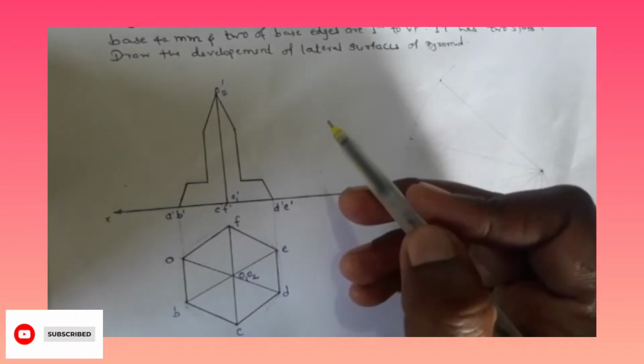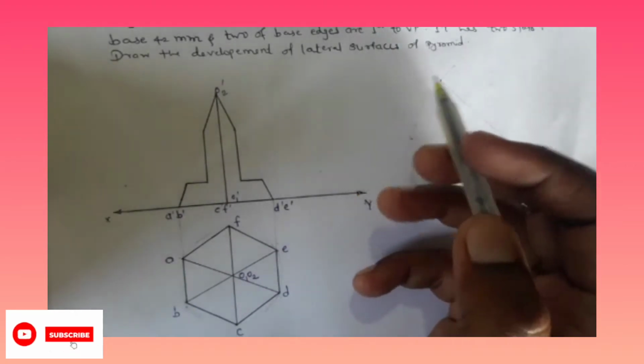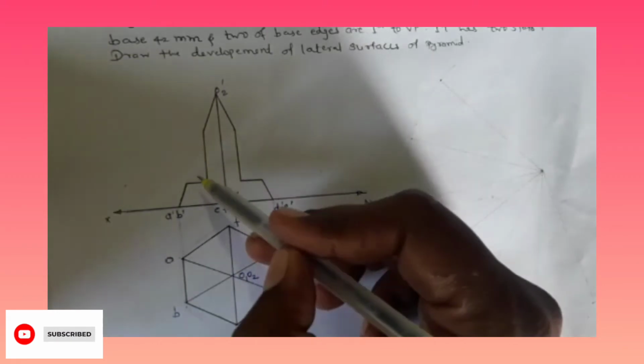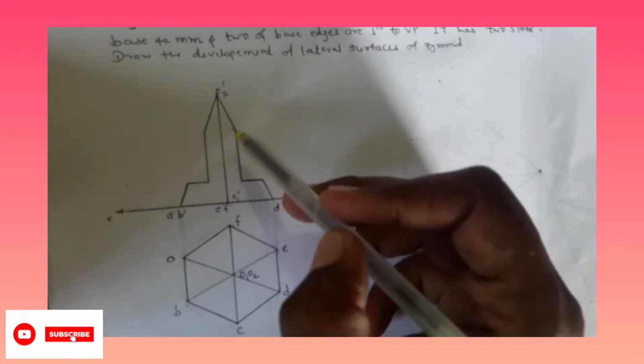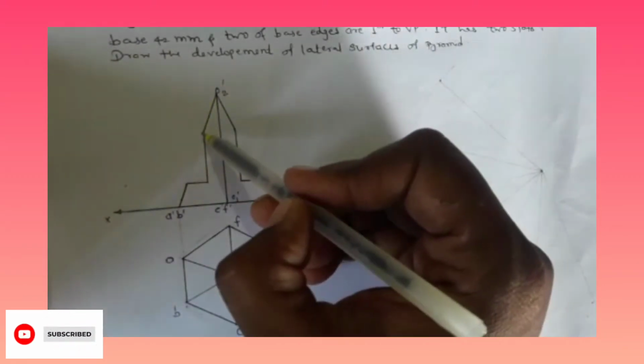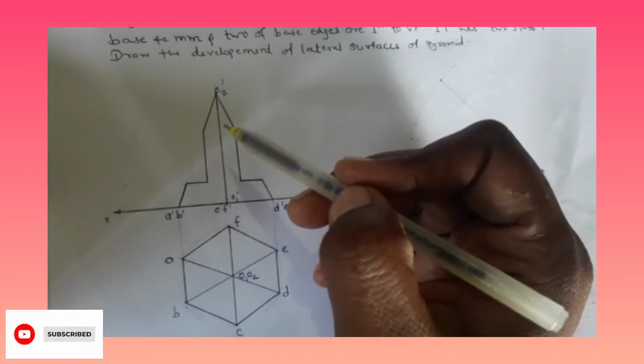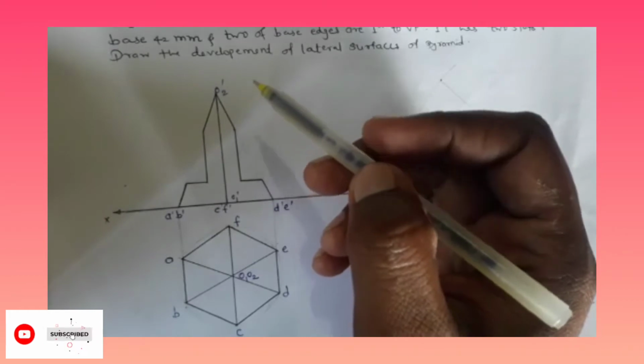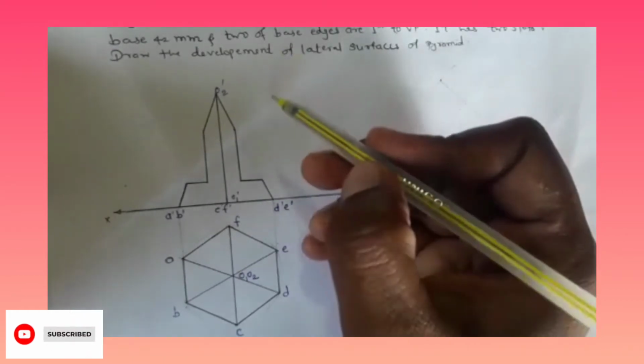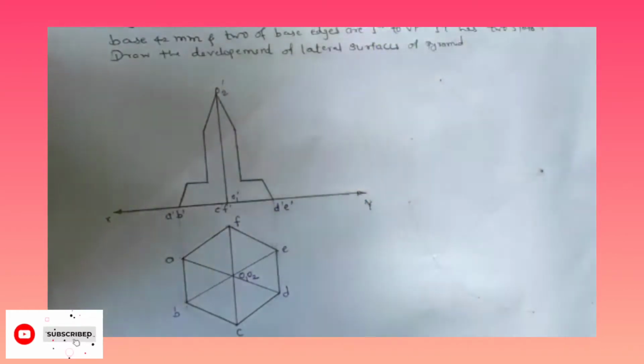These are the points where, while removing these slots, it is going to cut the lateral edges or the lateral faces. Wherever it cuts, at that particular point we have to mark the points. Now let us start to locate those points.